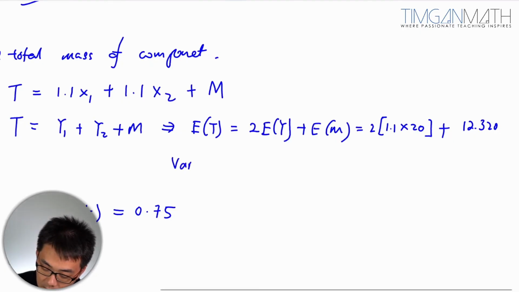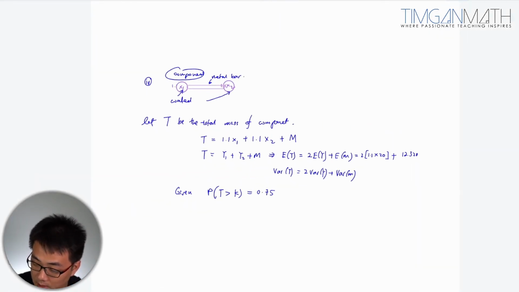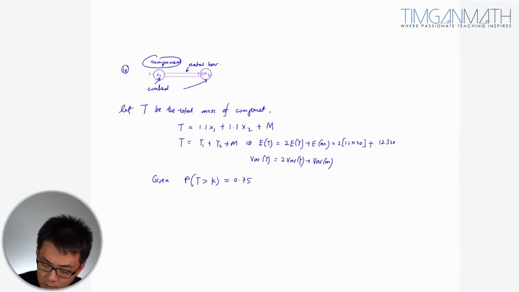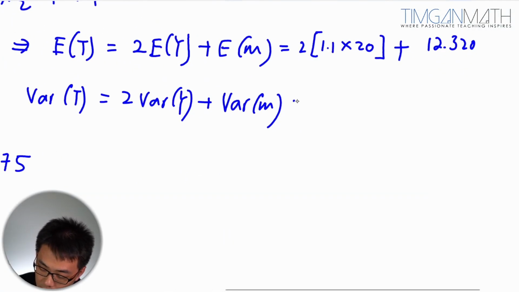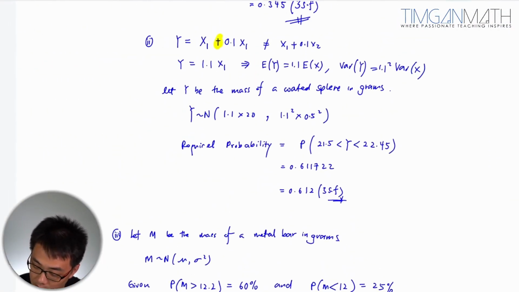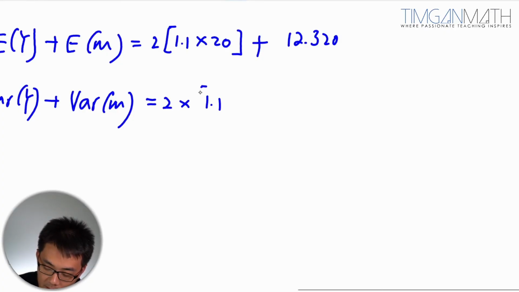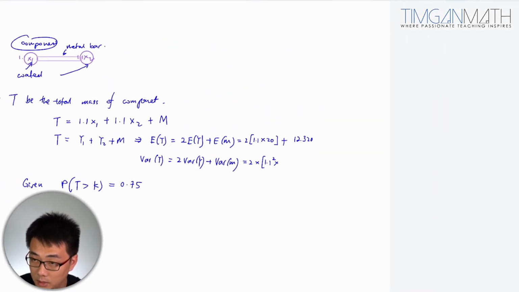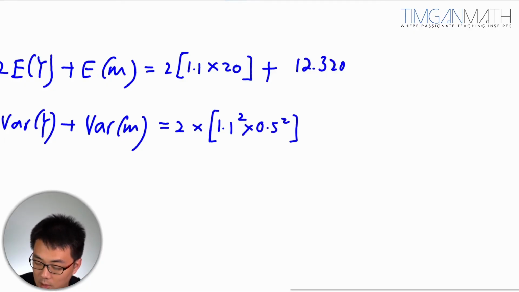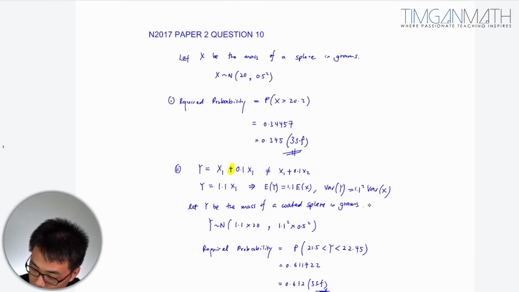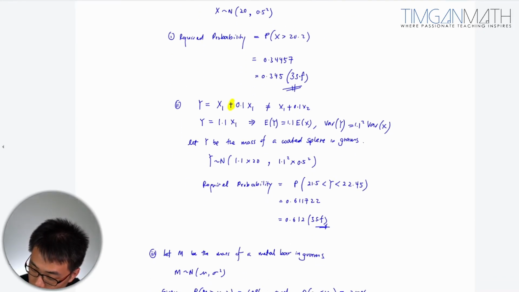Then the variance of T will obviously be 2 variance Y plus variance M. Okay, so this is just finding all the parameters that are required of us, and try to solve this part here. So here, what we get is 2 variance Y. Variance Y will be 1.1 squared times 0.5 squared.